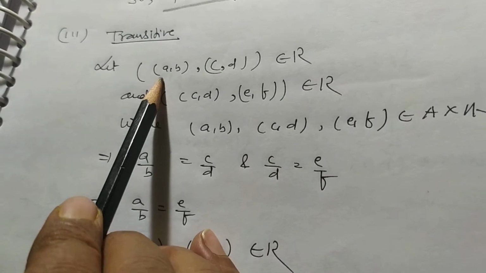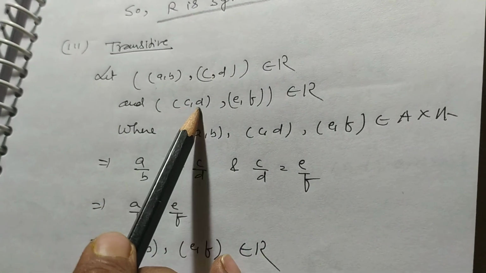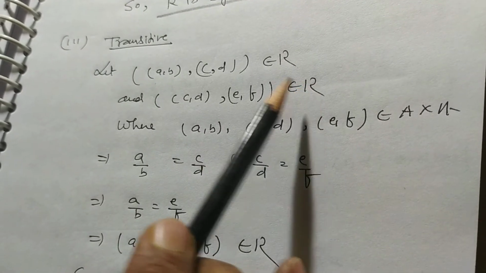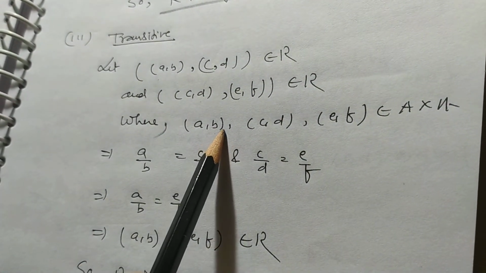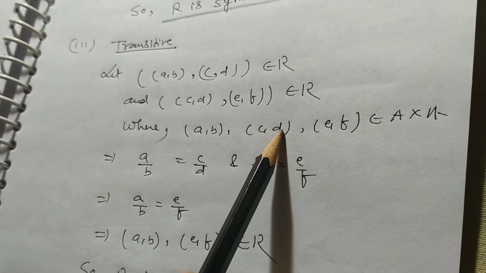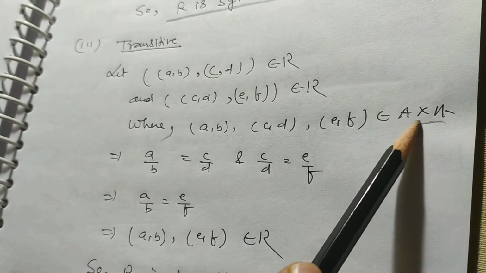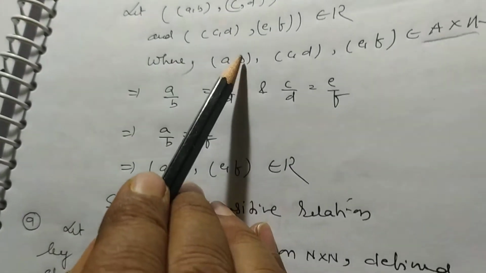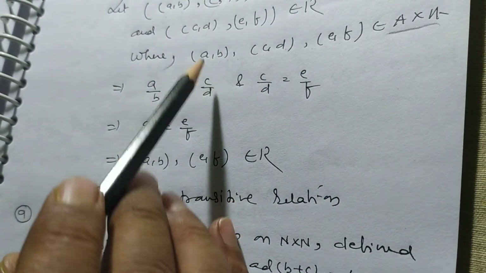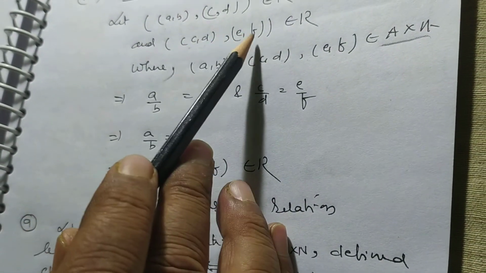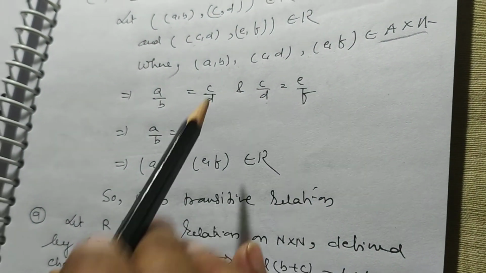Transitive. AB, CD belong to R, and CD, EF belong to R, where A, B, C, D, E, F belong to a Cartesian product with A. So AB related to CD means A by B is equal to C by D. CD related to EF means C by D is equal to E by F. What do you observe?